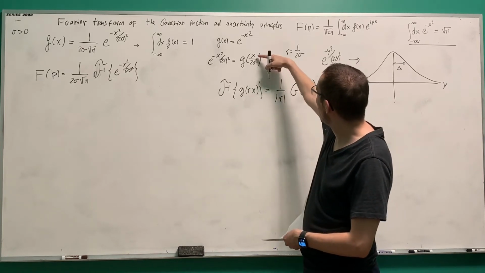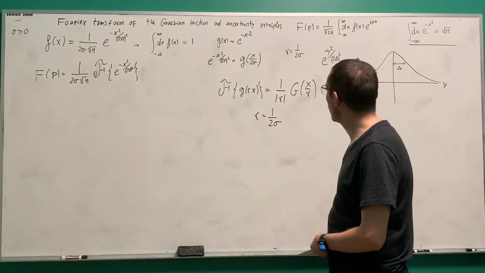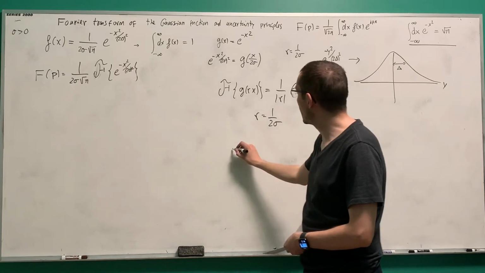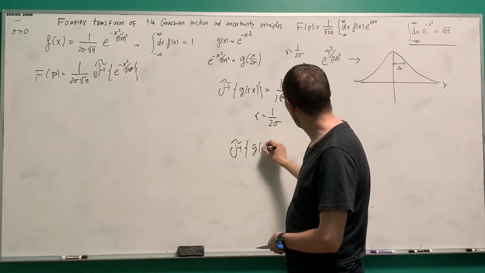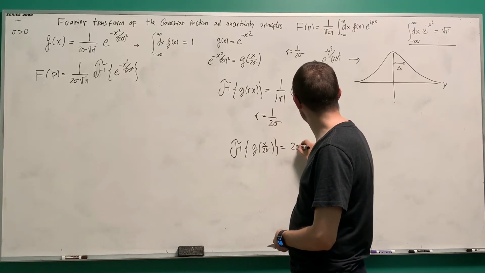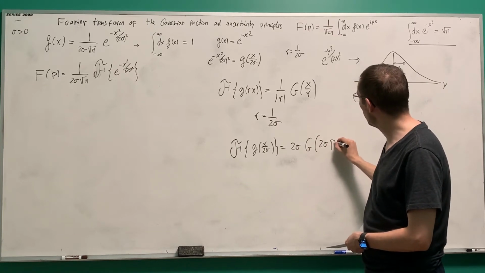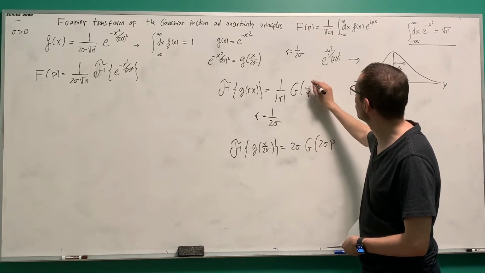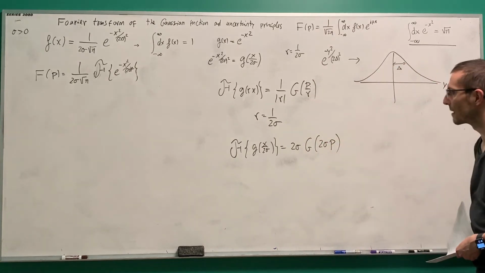Well, in our case, r is 1 over 2 sigma. So we can use the scaling property and say that the Fourier transform of g of x over 2 sigma is equal to 2 sigma times the Fourier transform of g at 2 sigma p. Sorry, this is p, not x, my bad. It's the Fourier variable. Sorry about that.